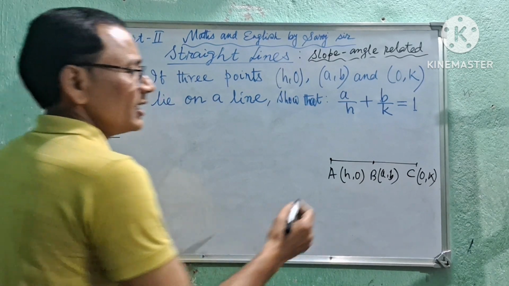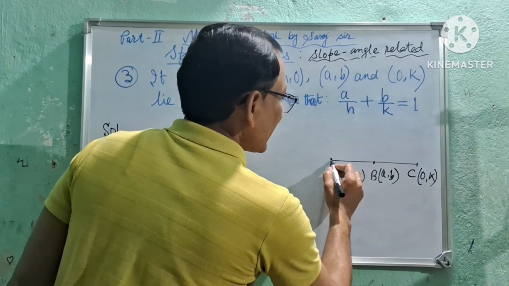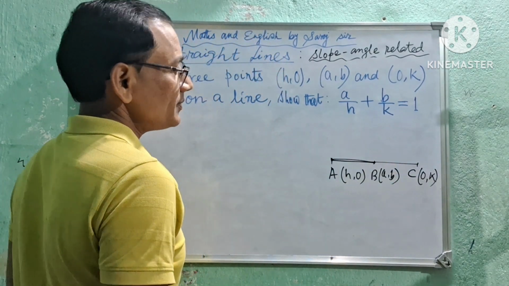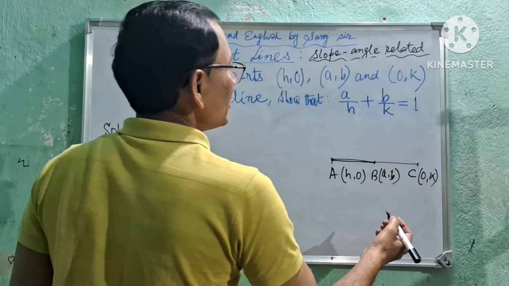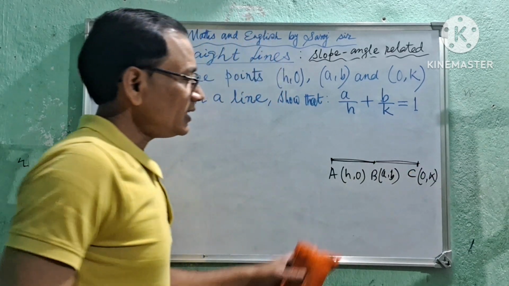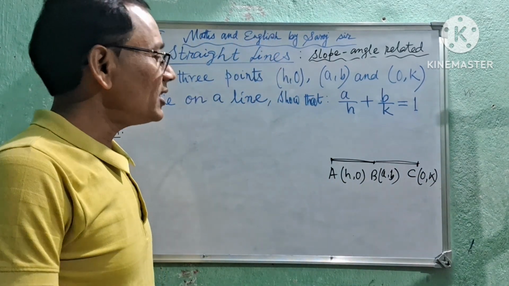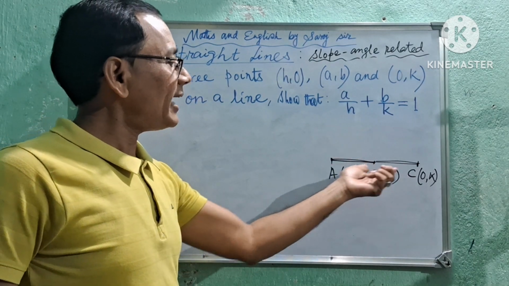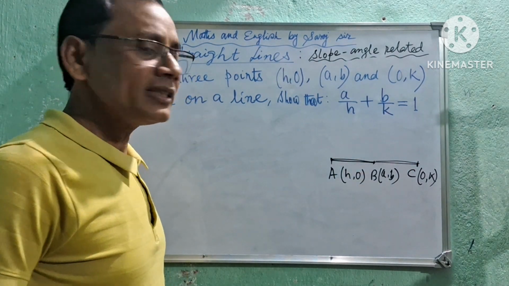So we will find the gradient or slope of AB, and also the slope of BC. Since 3 points are on the same line, the slopes of the two lines AB and BC will be the same.